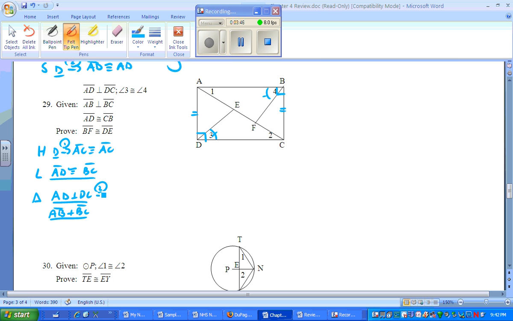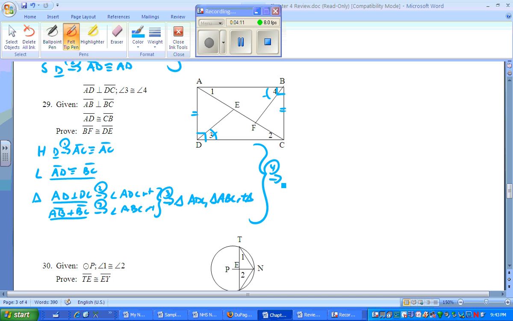This one gives you a right angle at ADC, and this one gives you a right angle at ABC, which means that triangle ADC and triangle ABC are right triangles. Bracket it all together. We just proved triangle ADC congruent to triangle ABC.